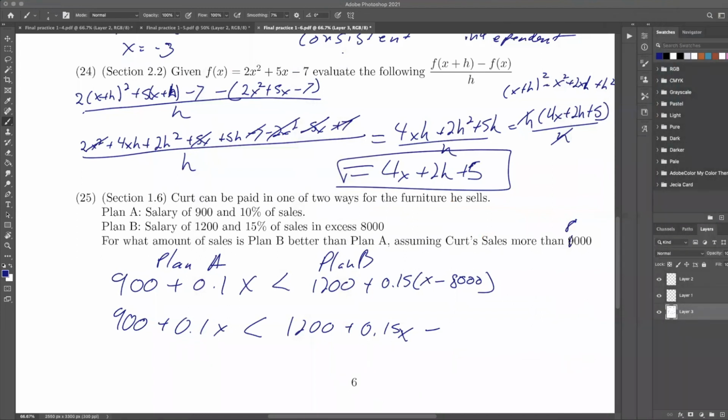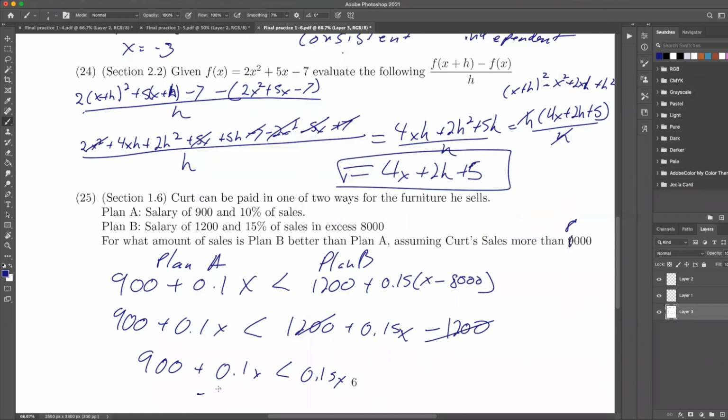That's 1,200. So this number conveniently cancels this number. So I have 900 plus 0.1x is less than 0.1x.